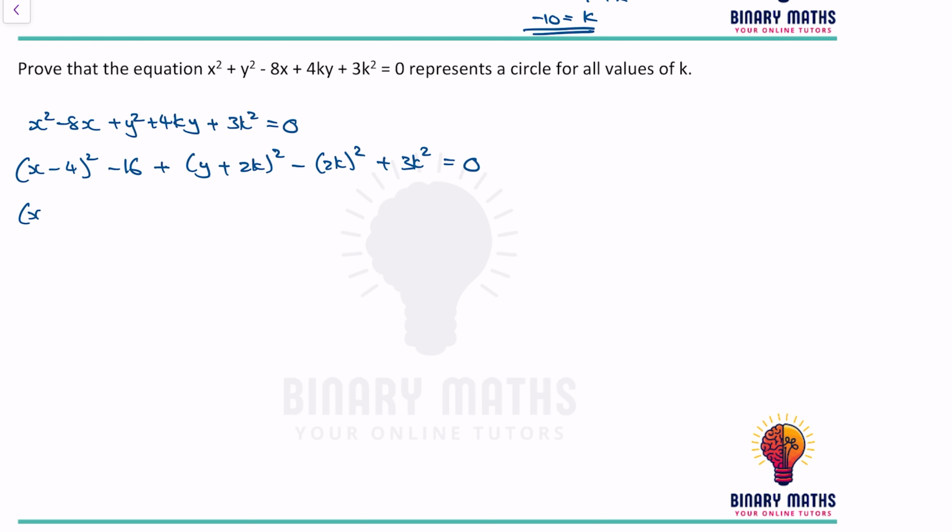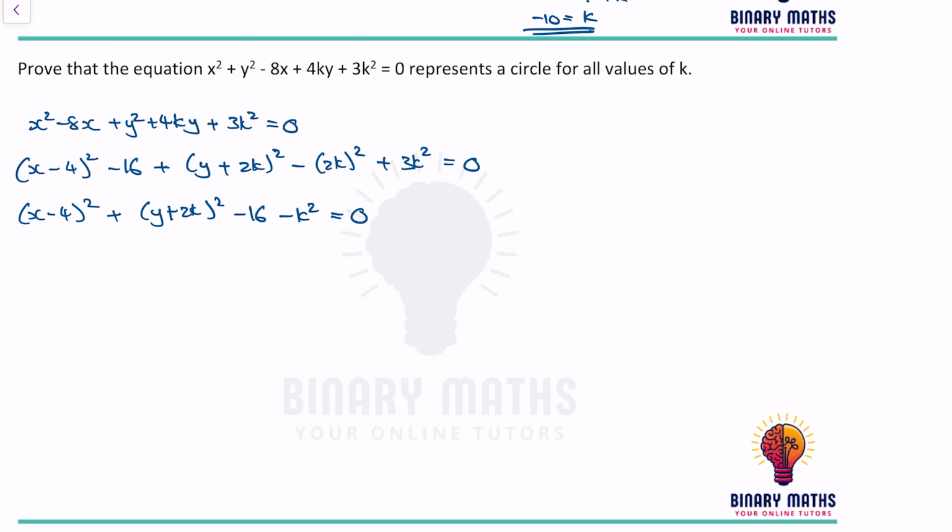If I clean this up, I get (x - 4)² + (y + 2k)² - 16. From the -(2k)², I get -4k² + 3k² gives me -k², which is equal to 0.